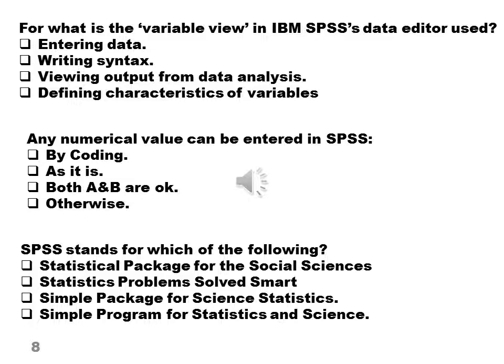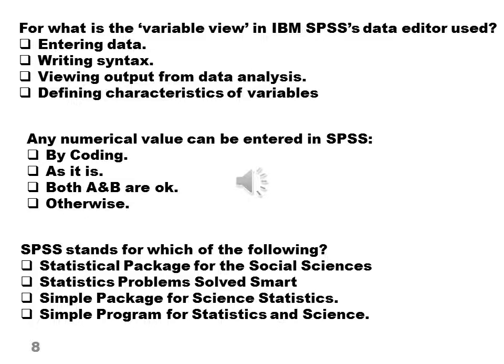But in variable view, you must define the characteristics of the variables. The output view shows the results, the output of your calculations in the SPSS program. So you must take care that variable view relates to number 4 or letter D, defining characteristics of variables.